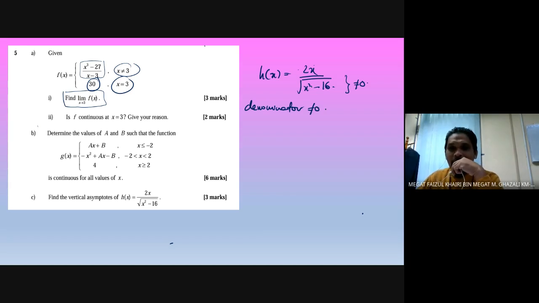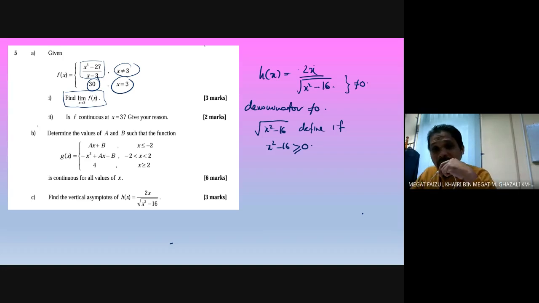And then for the square root of x squared minus 16, take this separately. Ignore the whole function first. Just think of this. The square root of x squared minus 16 is defined if x squared minus 16 is greater than or equal to 0.